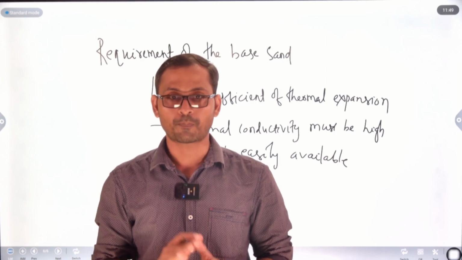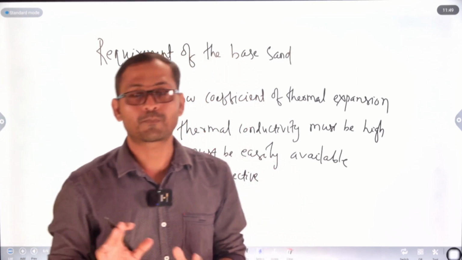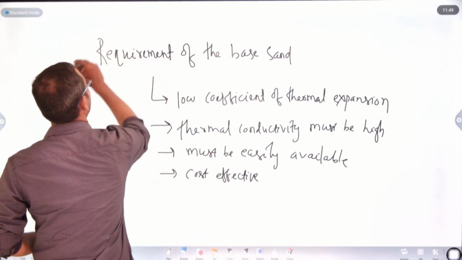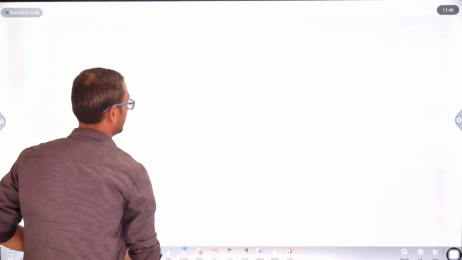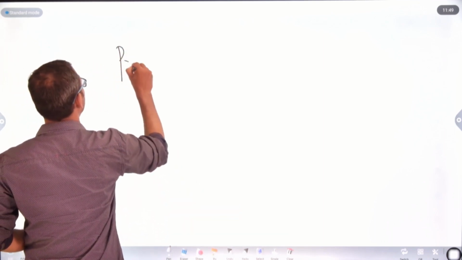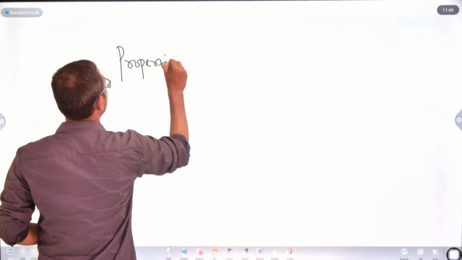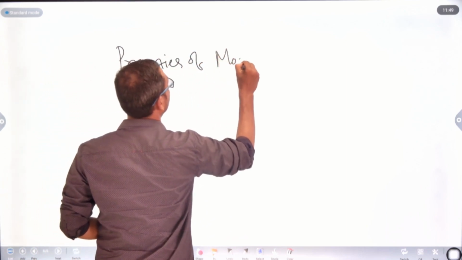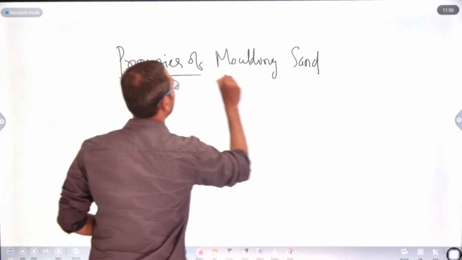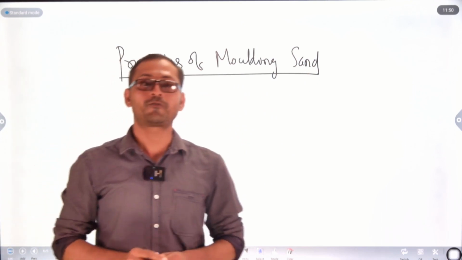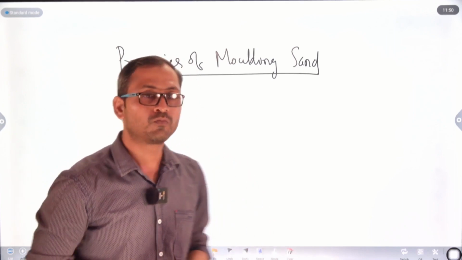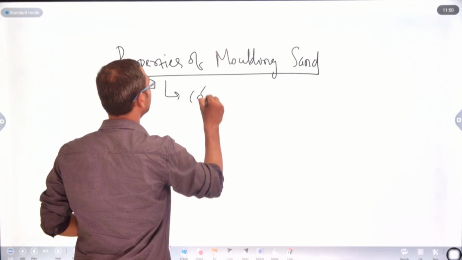Then we go to some properties of the molding sand. So what are the properties? Now first is your collapsibility. What does it mean?